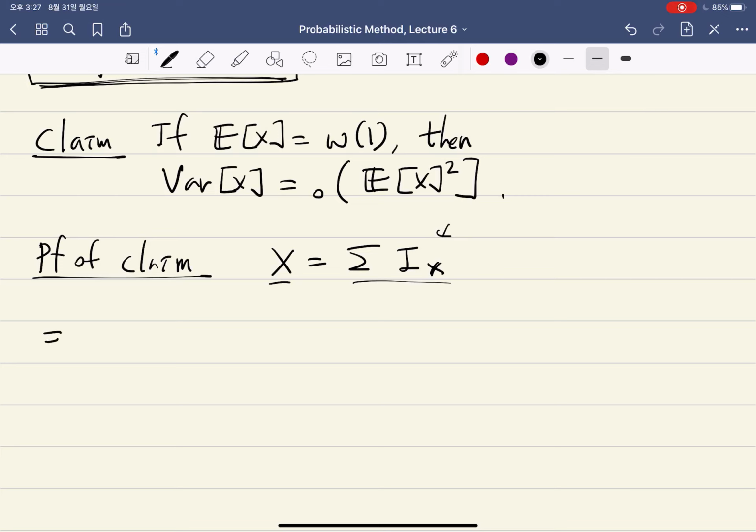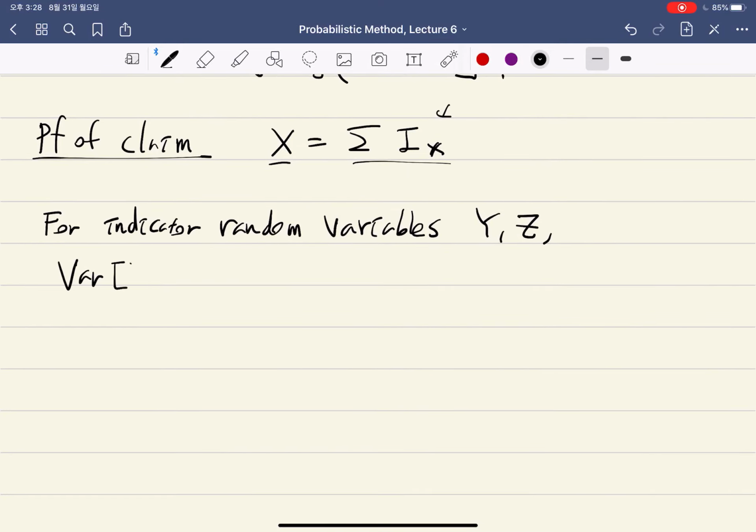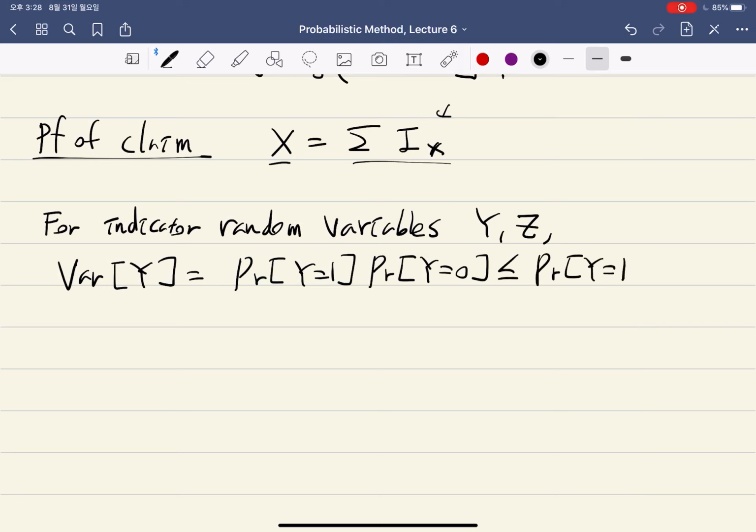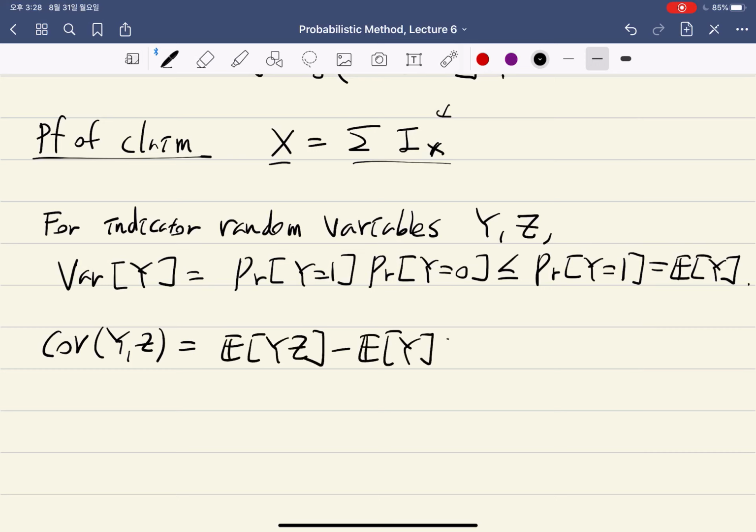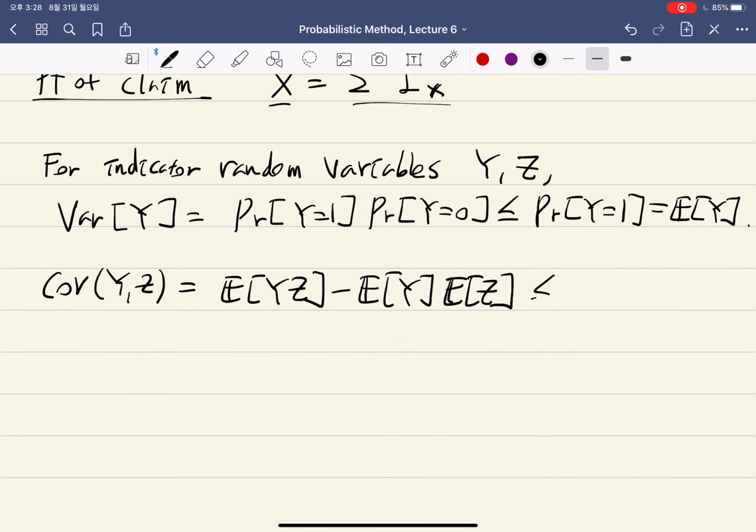And if you have an indicator random variable, what we know is that the variance of Y is the same as the probability of Y equal 1 times the probability of Y equal 0, which is smaller than the expectation of Y. And the covariance of Y and Z is the expectation of YZ minus the expectation of Y times the expectation of Z, which is smaller than the expectation of YZ, because this expectation is non-negative.